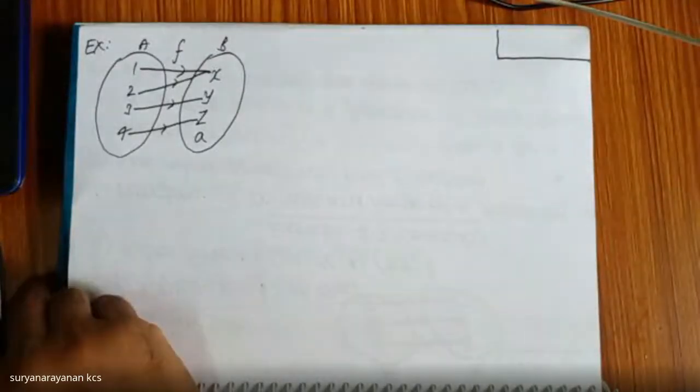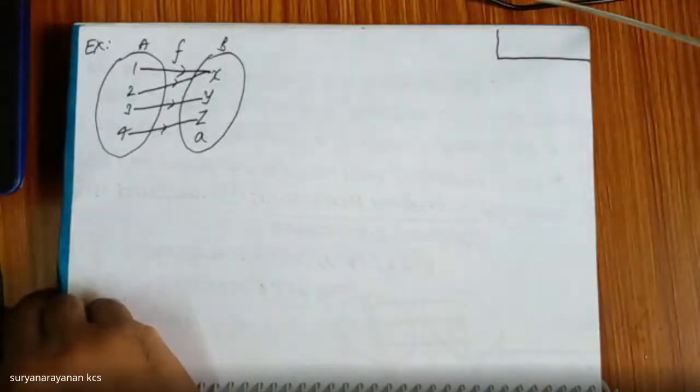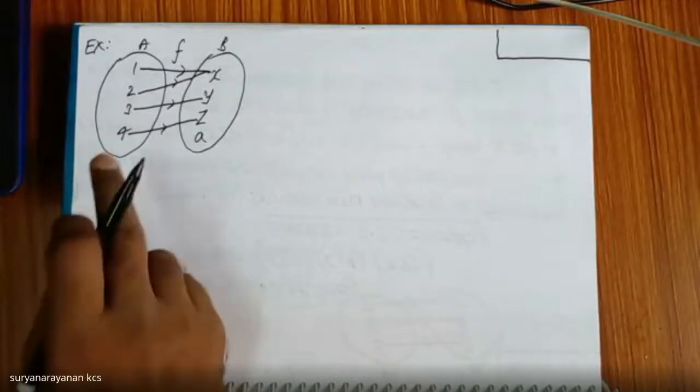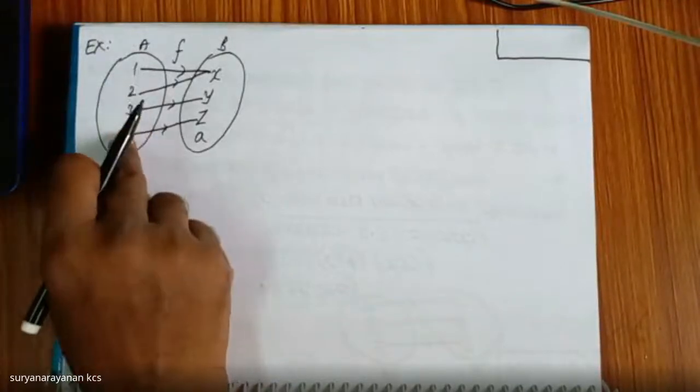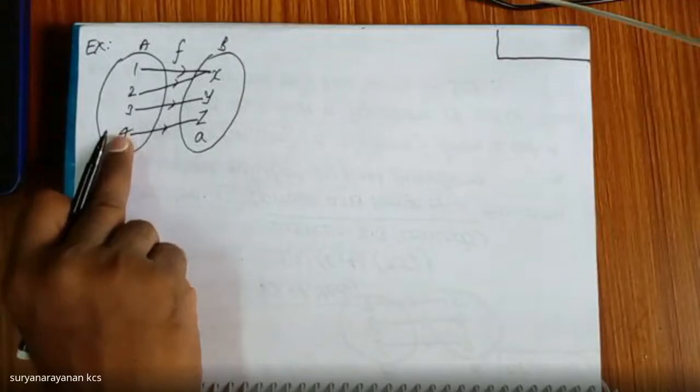Yes, very good. What is the image of three? Yes. What is the image of four? Very good. So if you observe, every element in the first set has one and only one image, not more than one image. Yes or no?